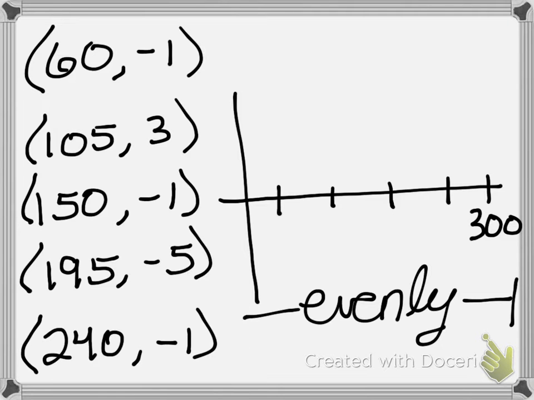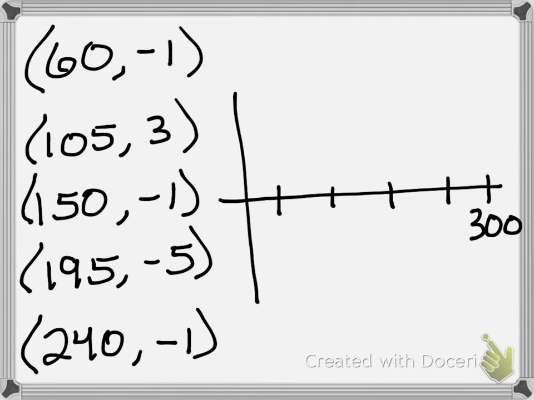What we do not want is this to be 100 here and then this other number to be 300. Because then you're telling me this distance is only 100, but then this distance is 200. That doesn't make sense for us. So make sure it's very even.